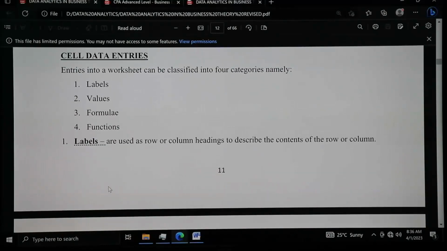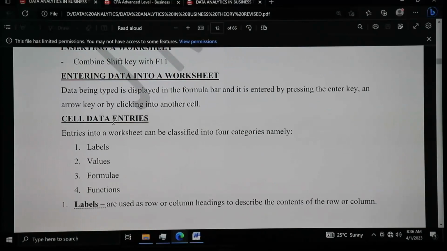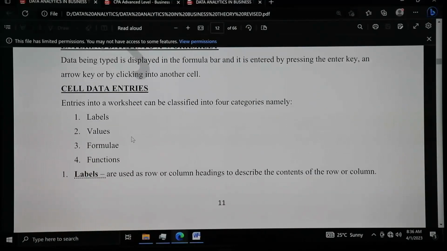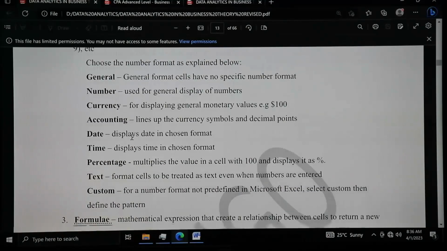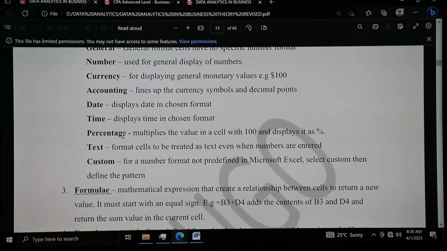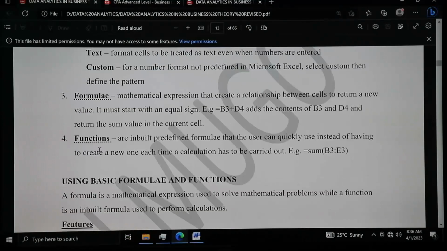We also discussed the types of data: the labels, the values, the formulas. We have been using values in currency format, date formats, and text. We also did application of formulas, where we said that anytime you are given a computation in Excel, you can insert a formula, an expression that starts with an equal sign.